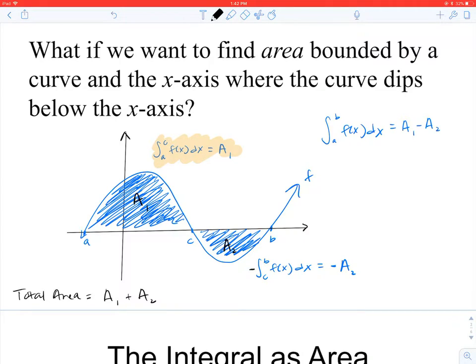So then that definite integral, which was a negative value, multiplied by -1 would end up being a positive area. So then if we replace area 1 with the integral from a to c of the function and do plus, and replace the second area with -1 times the integral from c to b of the function with respect to x, that would actually give us the total area in blue.